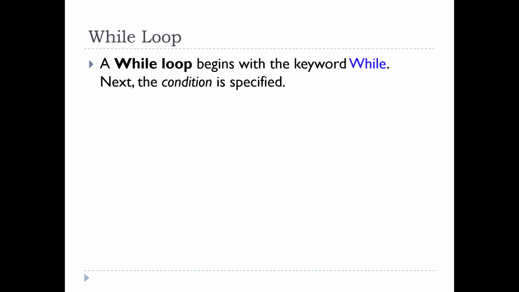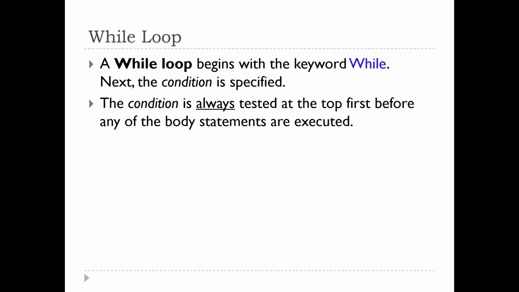So the while loop begins with the keyword while, followed by a condition. It's kind of like the if block. If A is greater than B, then do something, right? Same thing: while A is greater than B, then do something. So that condition will be the second part. And the condition is always tested at the top.